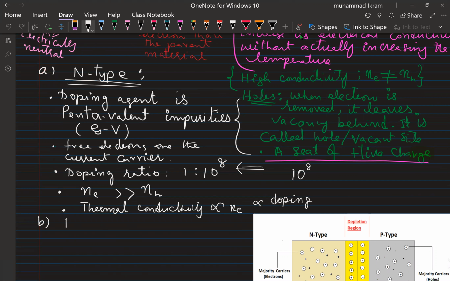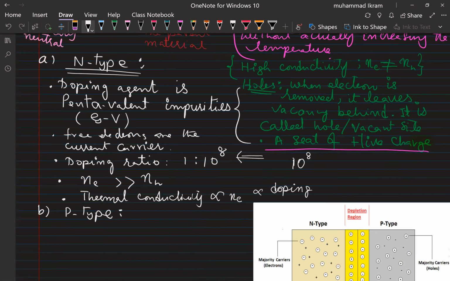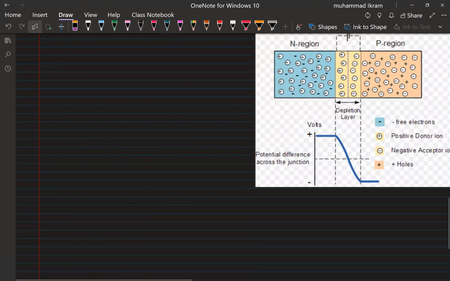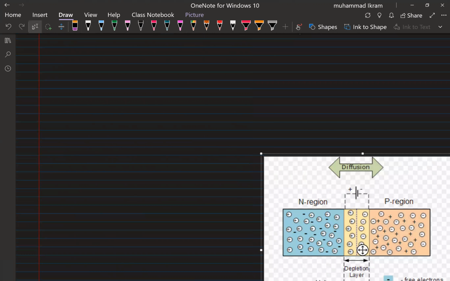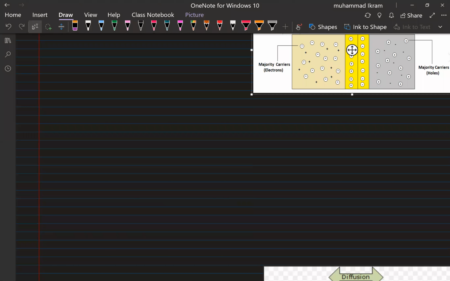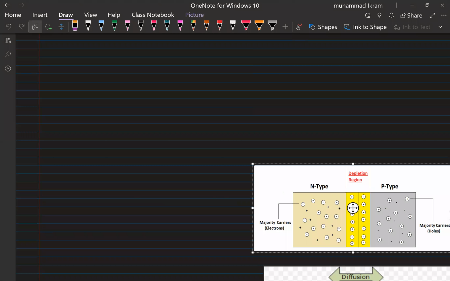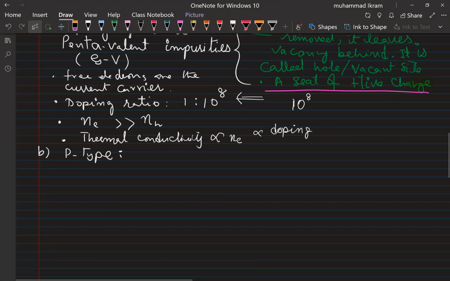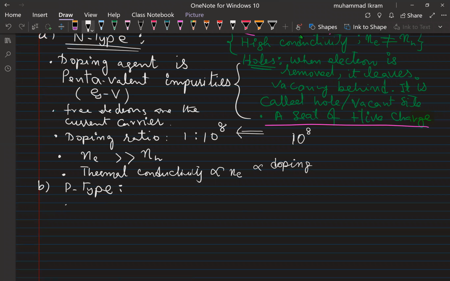Okay, for the p-type substances, what do we have here? For the p-type material, the doping agent is actually a trivalent substance.